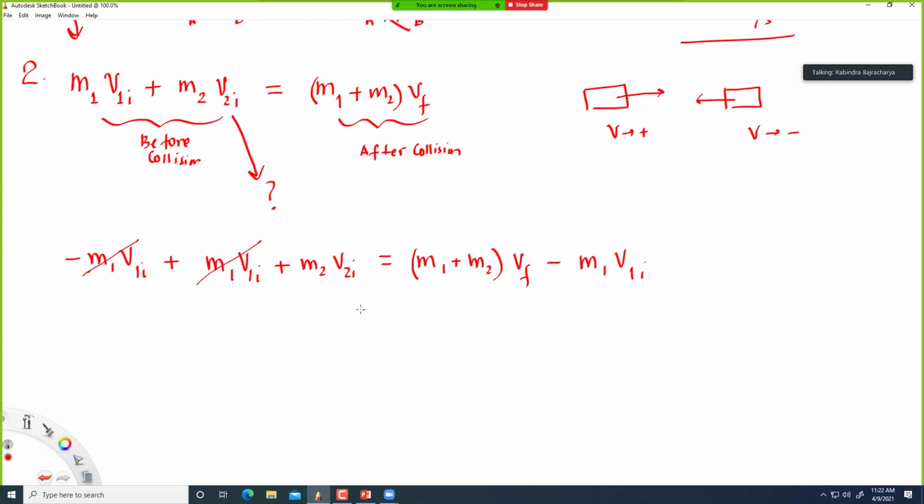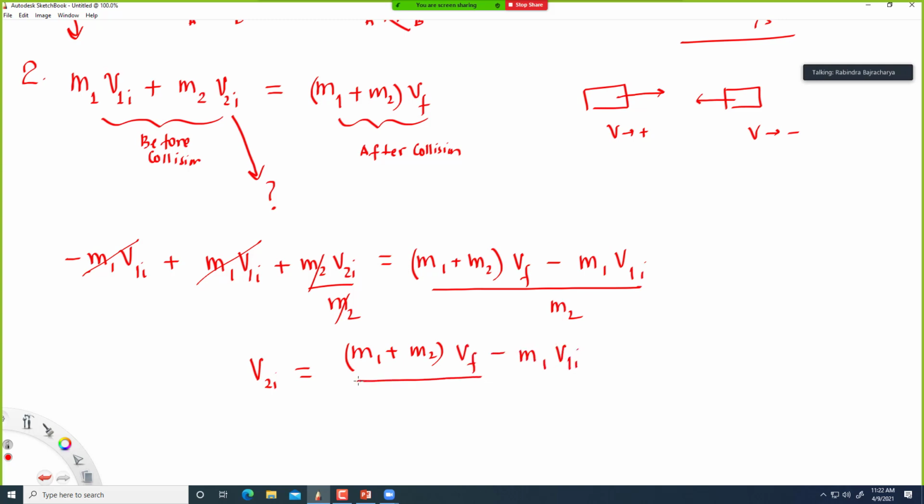Because I want to get V2I, you want to divide both sides by M2 to get rid of M2. So then cancel M2 and M2. You get V2I is equal to M1 plus M2 times V final minus M1 V1I over M2. Okay. Now you can plug in the numbers.